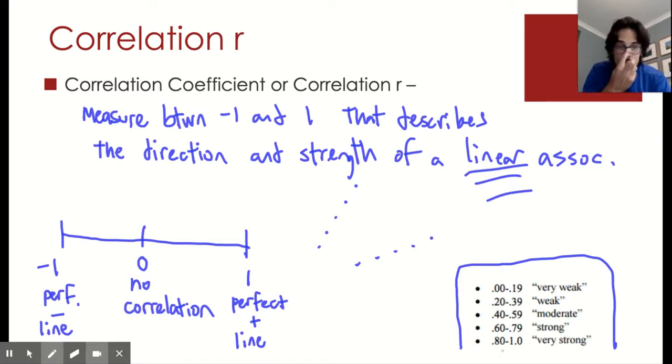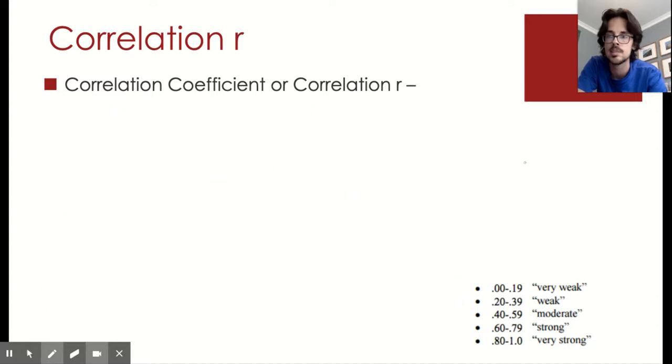In real life data sets, that doesn't occur all that often. If you have something in the 0.6 to 0.7 range, that's still pretty strong for actual data and enough to like get somebody's attention. So in all of this information right here, just realize that this is talking about a linear relationship or a linear association. This section with R is like a multiple choice test writer's dream section because there's so many misconceptions kids can have that a multiple choice question can just trip you up on. And we'll talk about those as we go through our slides.